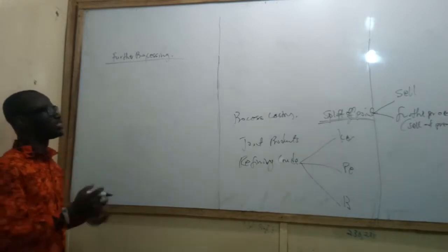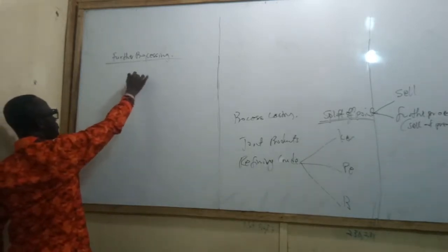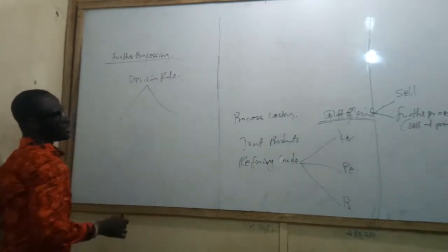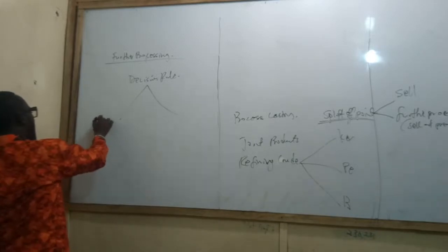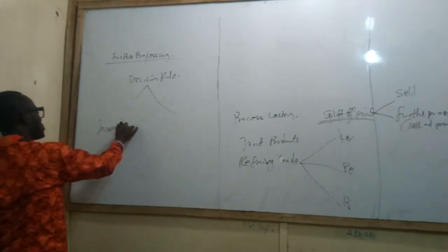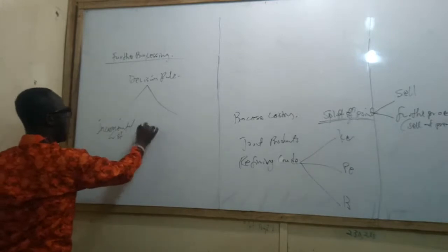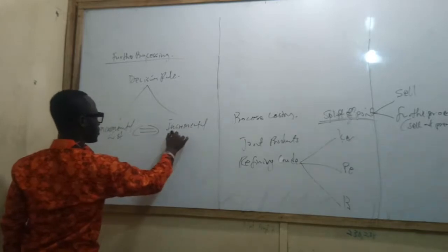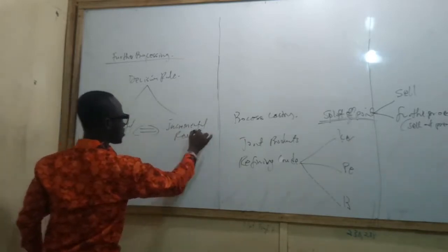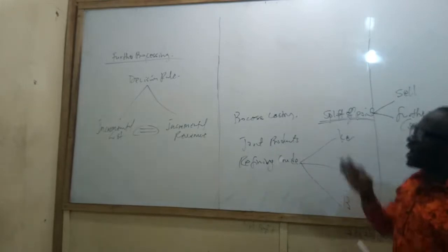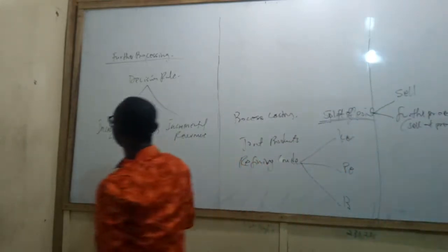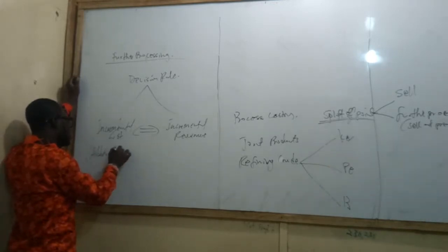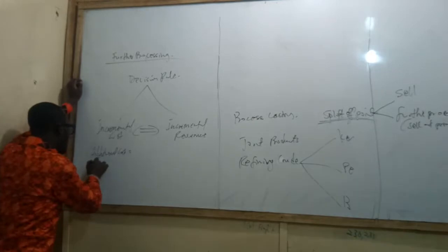Because it is a short-term decision, this is the decision rule: we compare the incremental cost against the incremental revenue. The incremental cost is the additional cost to be incurred for further processing.